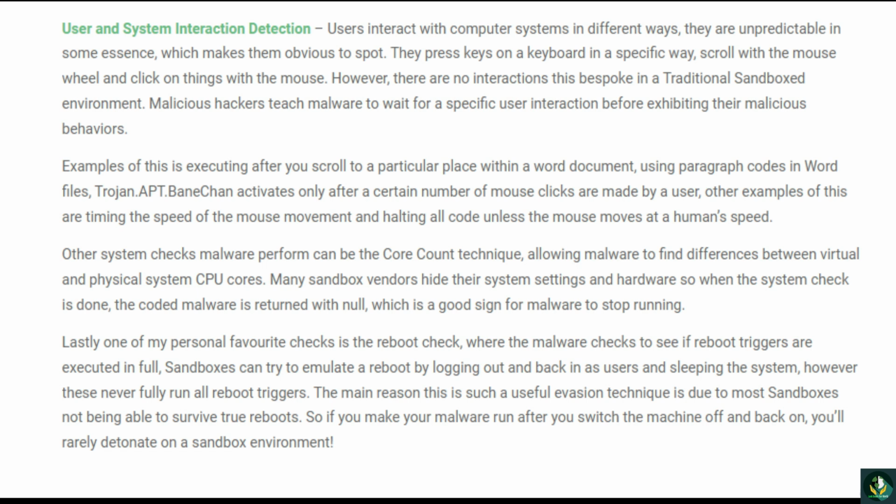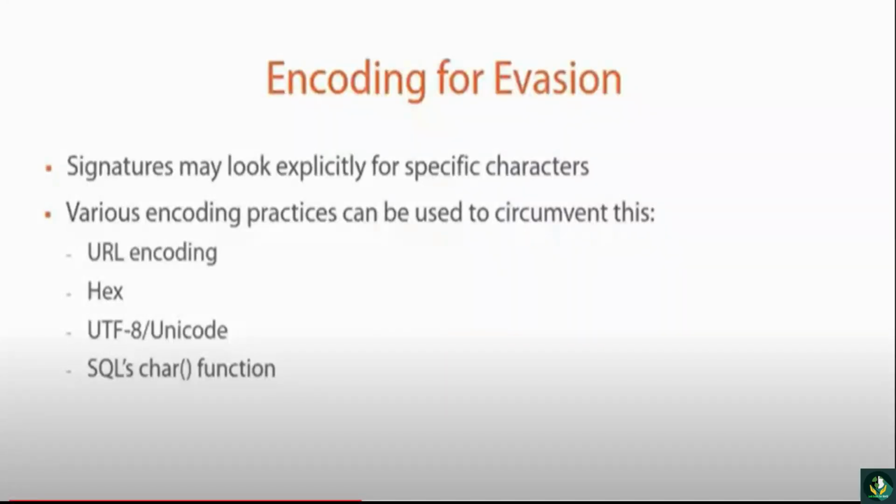Lastly, one of my personal favorite checks is the reboot check, where the malware checks to see if reboot triggers are executed or null. Sandboxes can try to emulate a reboot by logging out and back in as users and sleeping.